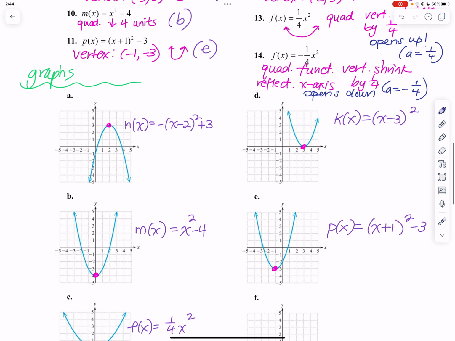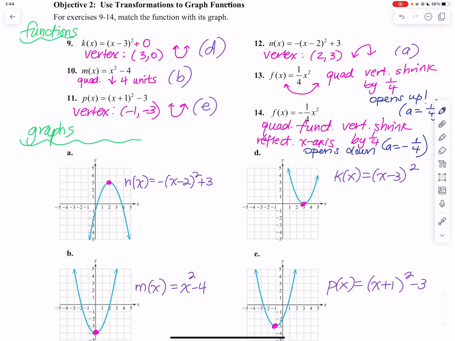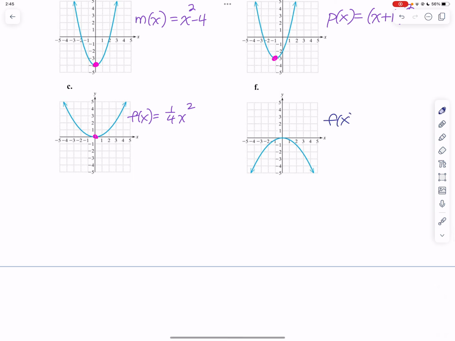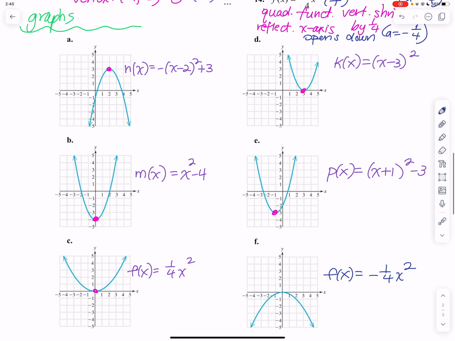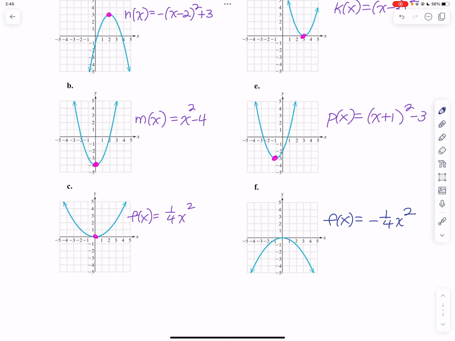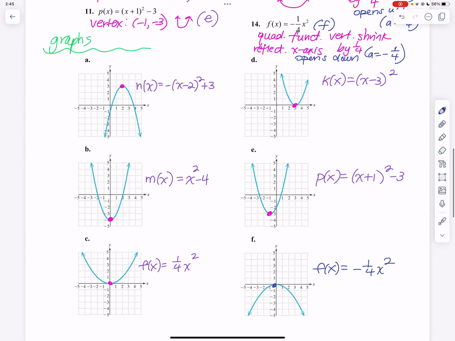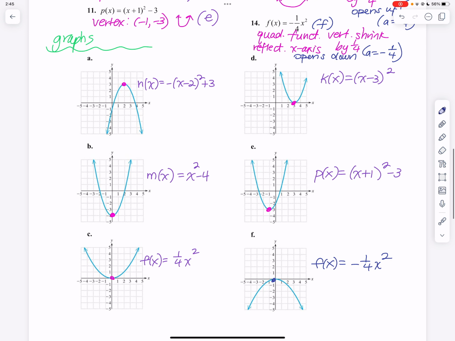So 14 is definitely F. So I think those transformations really come all together for us once we see the relationship between our quadratic functions and the vertex and the end behavior. And that concludes this section.